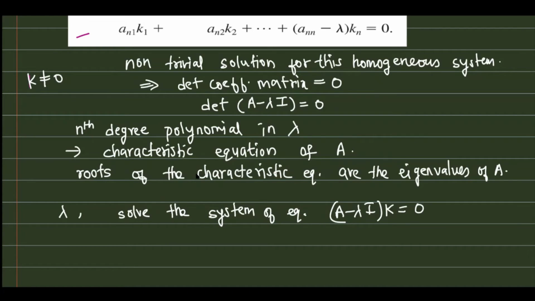We can solve this by applying the Gauss-Jordan elimination method to the augmented matrix [A minus lambda I | 0].